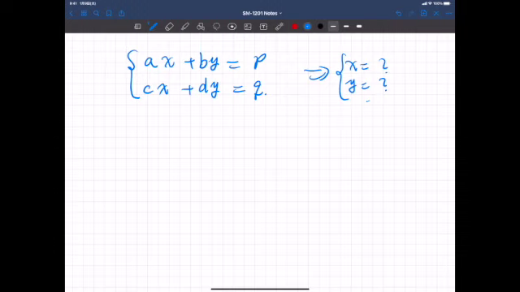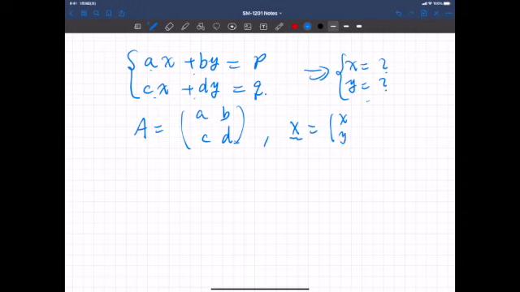Let us define A as the matrix of these coefficients [a, b; c, d], a column vector x as (x, y), and also a vector p of these right-hand sides, (p, q).